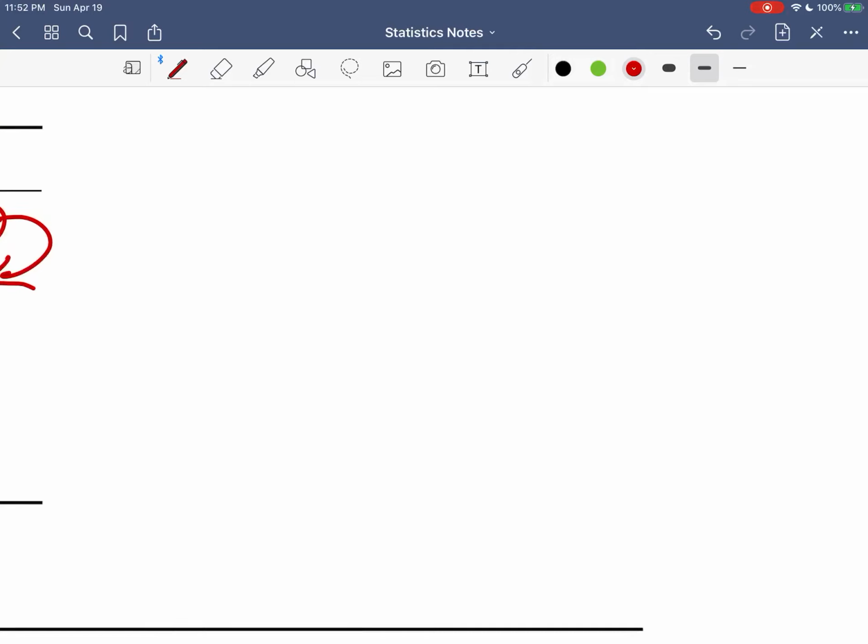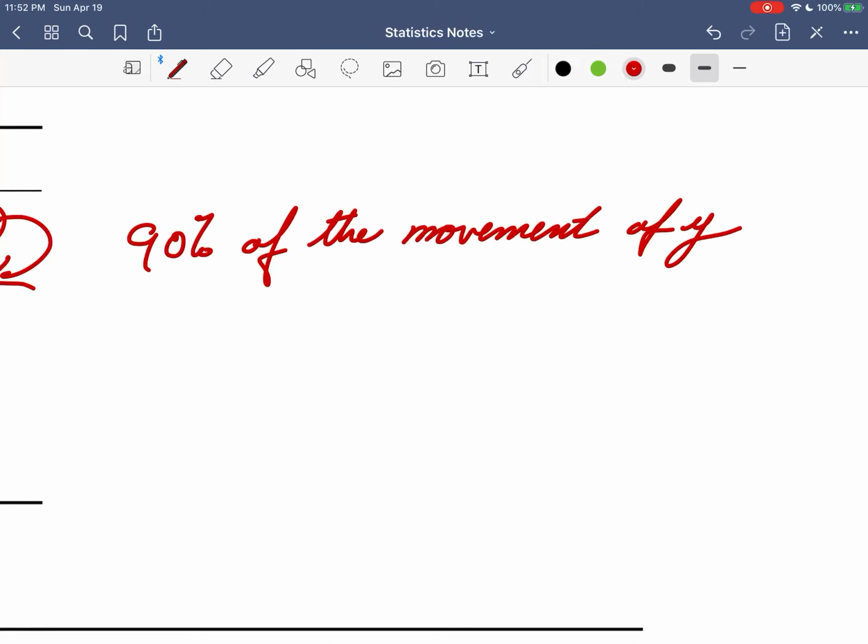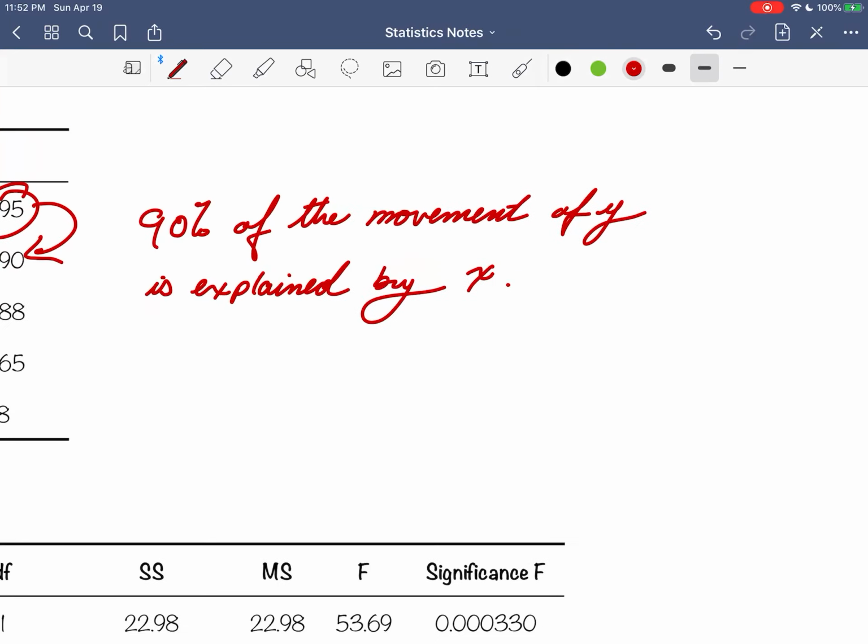So that, just to write it down, 90%. And for once, the handwriting actually turned out to be decent.